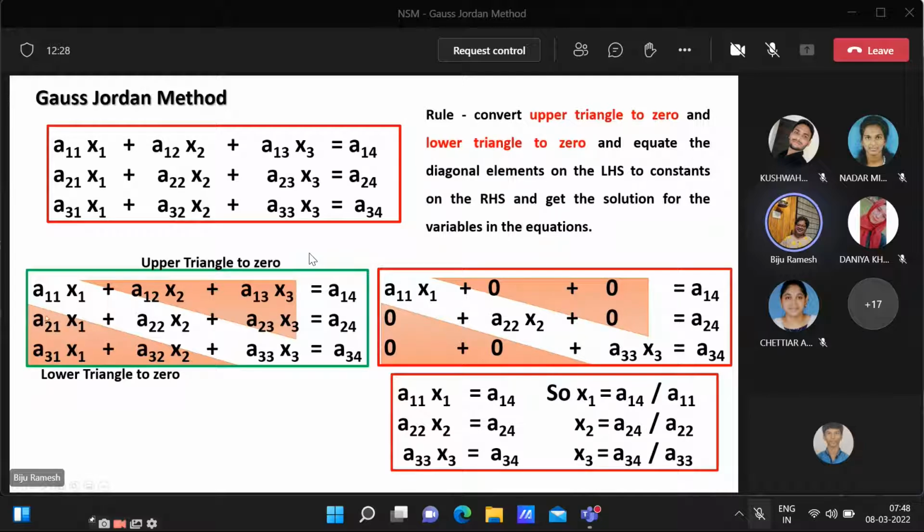So that will be equal to 0. Here we will get A31 minus A31. So this will be equal to 0. Here we will get A12 minus A12. Here we will get A13 minus A13. Here we will get A23 minus A23. Here we will get A32 minus A32.